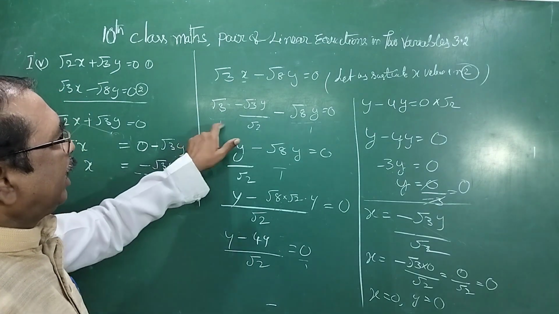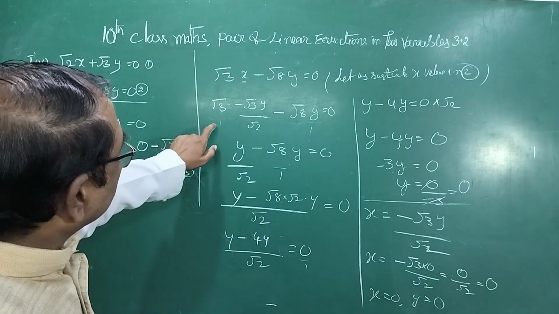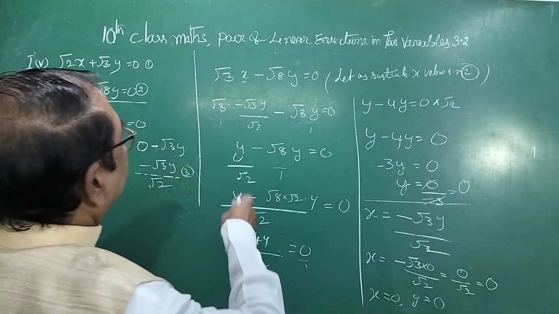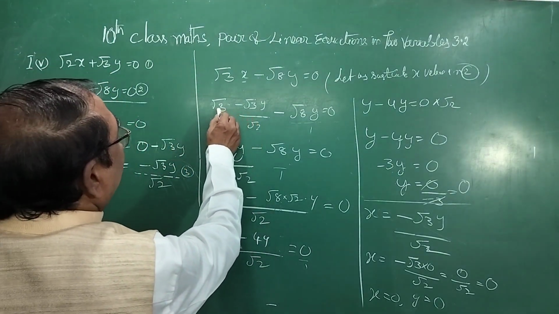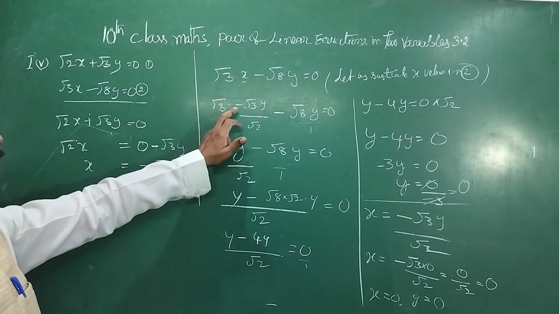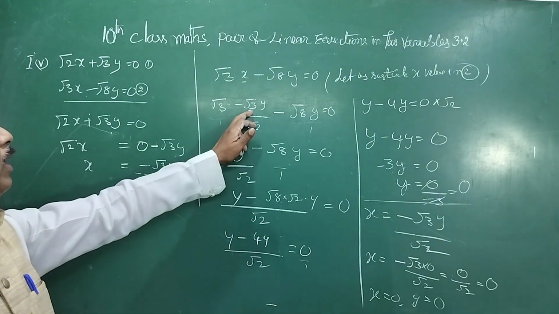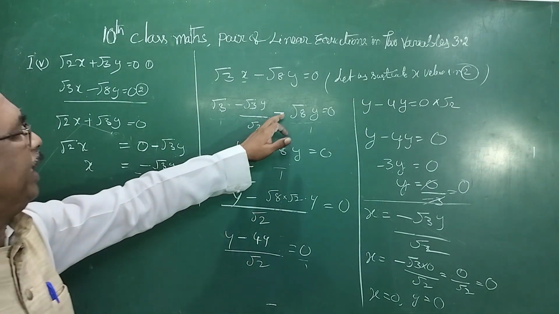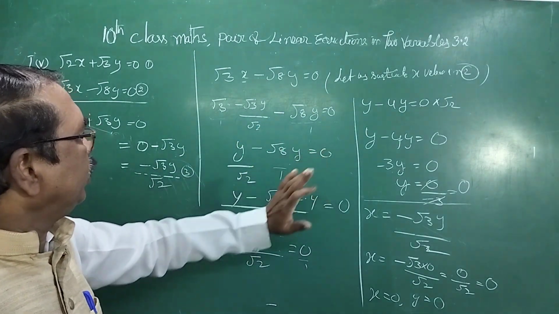Here the denominator is 1. With LCM root 2, the root 3 and minus root 3 cancel when we add, leaving minus y by root 2, minus 8y is equal to 0.